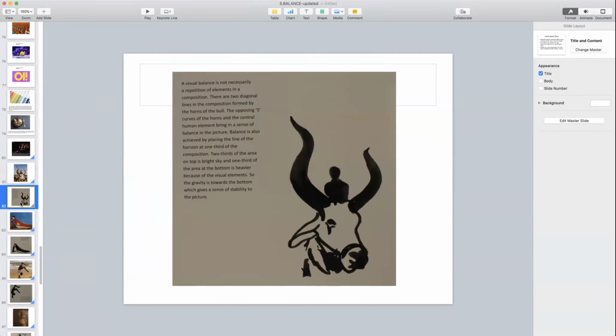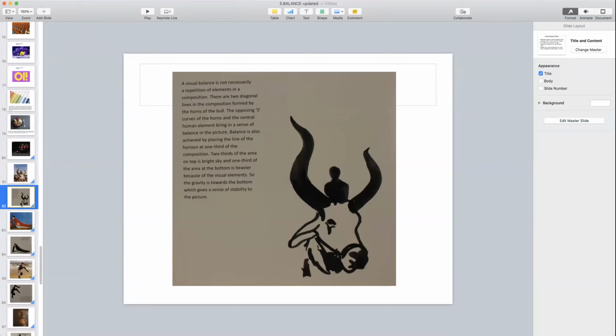So I'll read out the text. A visual balance is not necessarily a repetition of elements in a composition. There are two diagonal lines in the composition formed by the horns of the bull. The opposite S curves of the horns and the central human figure bring in a sense of balance in the picture.